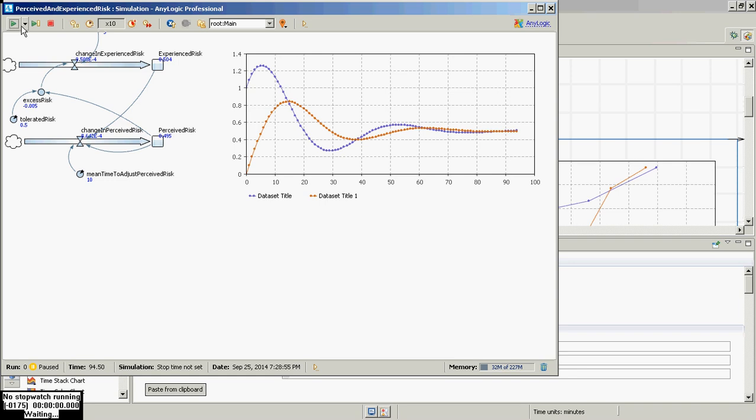And what we have up here is a standard first-order delay, but with a twist. Instead of being a classic first-order delay where you'd have a target minus experienced risk divided by the thing, you have target minus a delayed version of experienced risk, namely perceived risk.